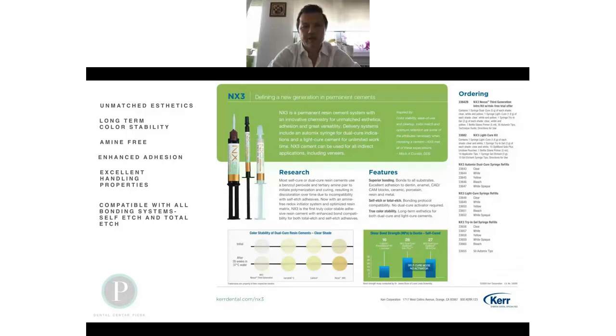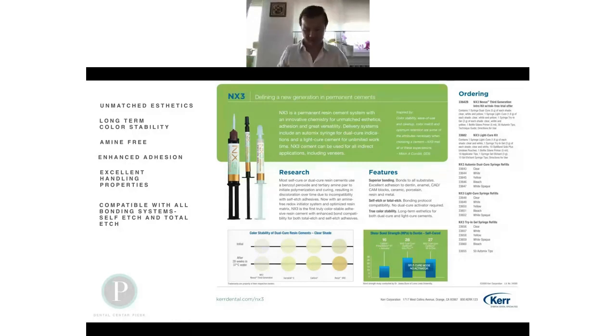It gives a very good aesthetic outcome. It is of course amine free. The adhesion is also very good because I haven't had problems with losing any veneers. It can be lost, of course, by many factors.